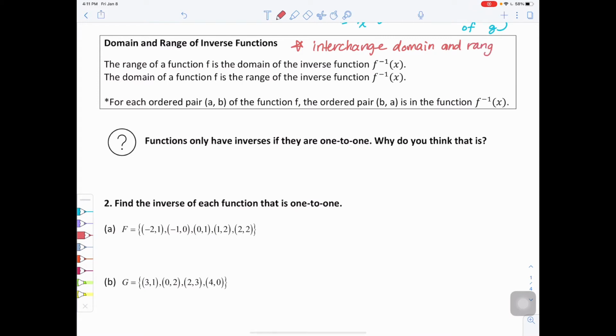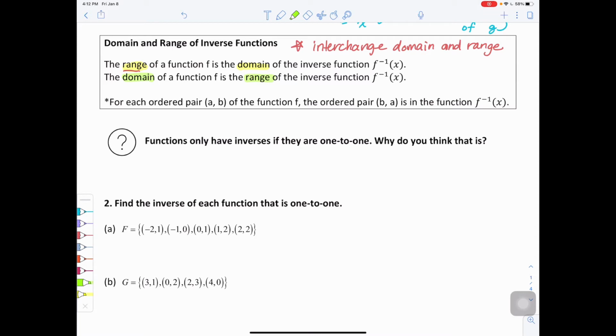The range of a function is the domain of the inverse function, and the domain of a function f is the range of the inverse function f inverse.